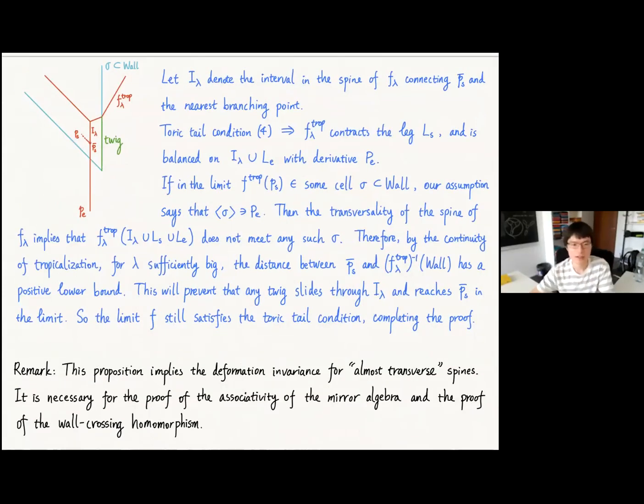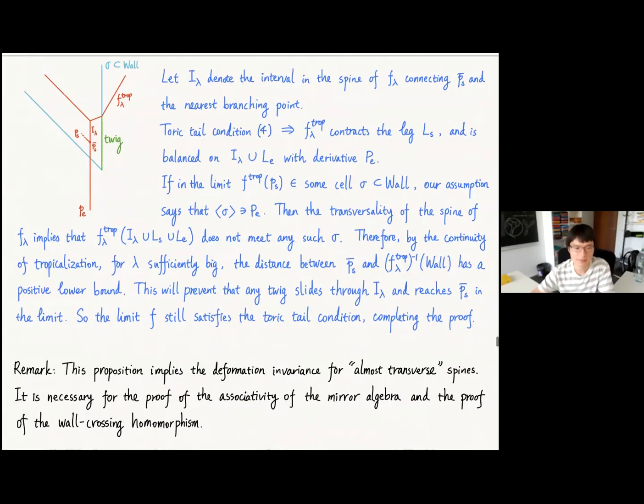A remark: this proposition implies the deformation invariance for almost transverse spines. It is necessary for the proof of the associativity of the mirror algebra and the proof of the wall-crossing homomorphism. That's all I want to say for toric tail conditions.